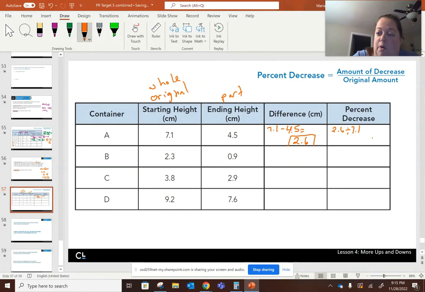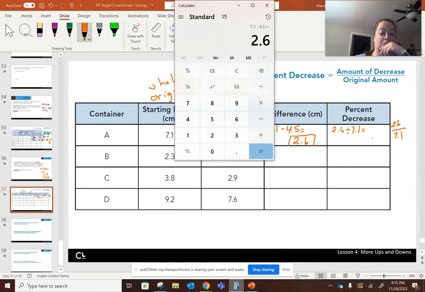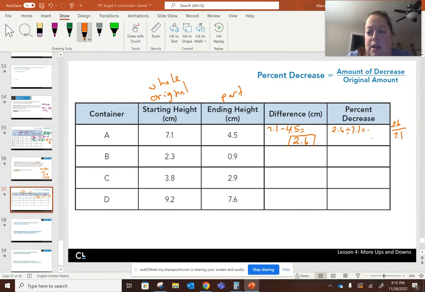I can also write it like this. Same thing. So when I type that in, 2.6 divided by 7.1, it's going to give me a really long one, so I'm going to round it. And this is a decimal, so again, I have to move it, so it gives me 0.366.